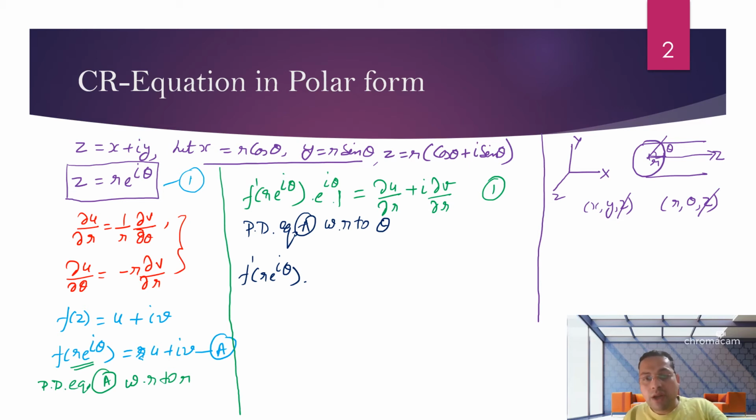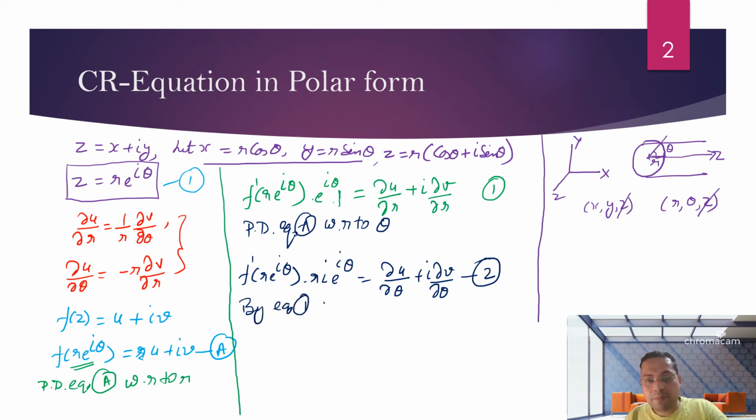So the value is r iota e to the power iota theta, equal to del u over del theta plus iota del v over del theta. This is equation 2.